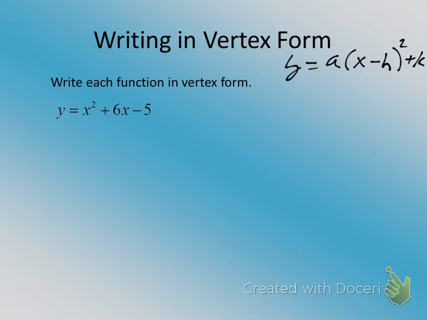The first one has 2 x's, the second one has 1. This one has no quantity, that one does. So we learned a trick some time ago that turns an x squared and an x term into something that can be a quantity being squared.